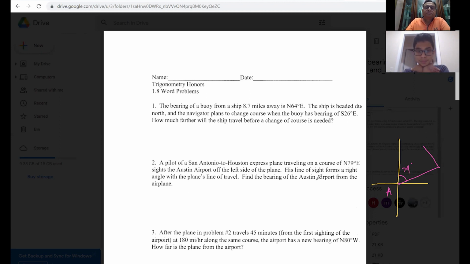Then 90. So what is the bearing of this angle? How much will that be? 79. Yes.